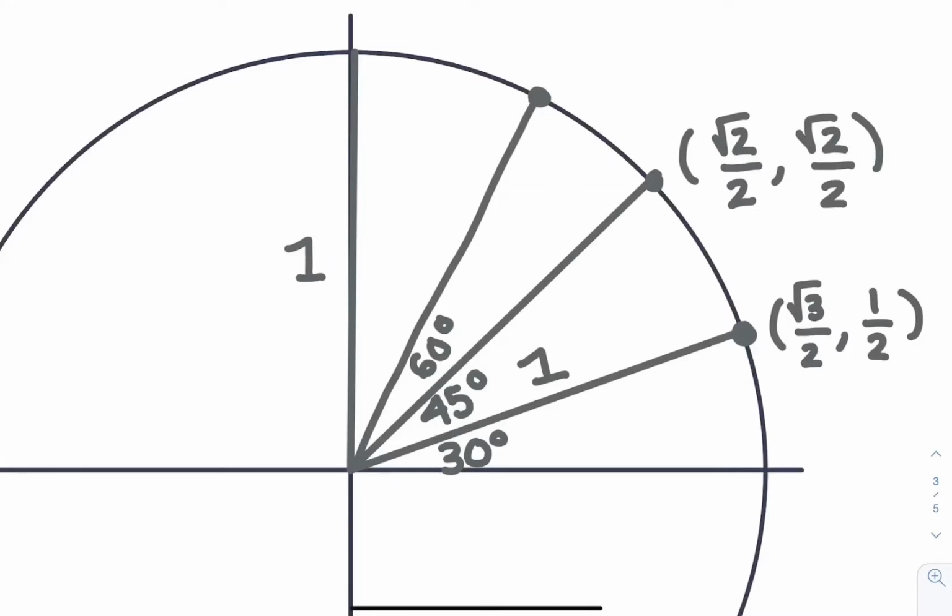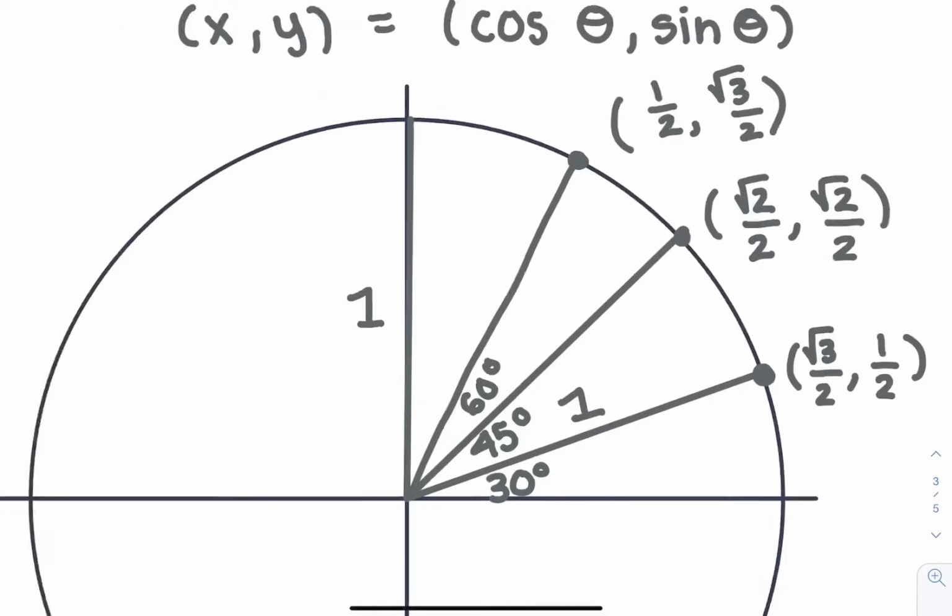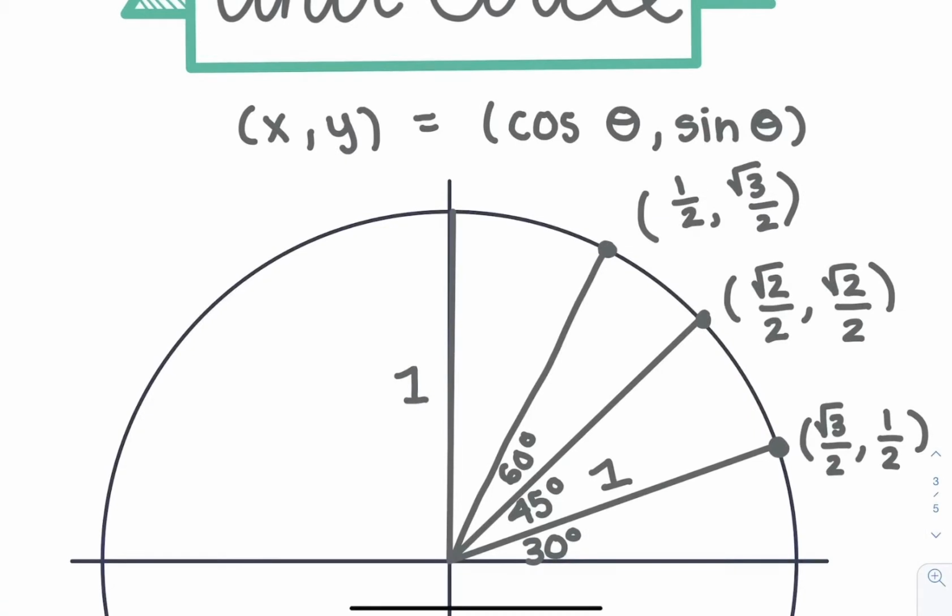And lastly, our 60-degree angle, it turns out that that is 1/2 and then square root of 3 over 2. So that means if you memorize the points on the unit circle, you have memorized the cosine and sine for these three angles that typically appear a lot. So now we know our cosine and sine for 30, 45, and 60 degrees.